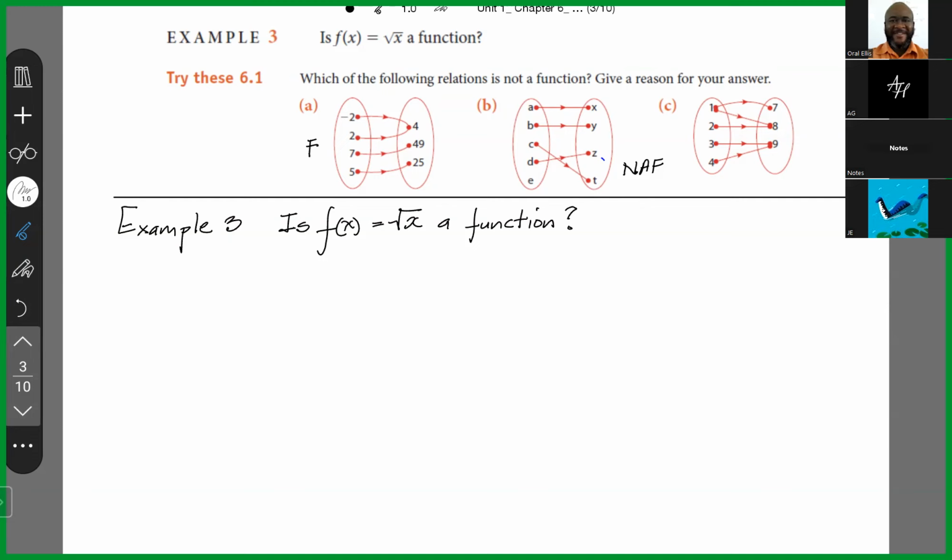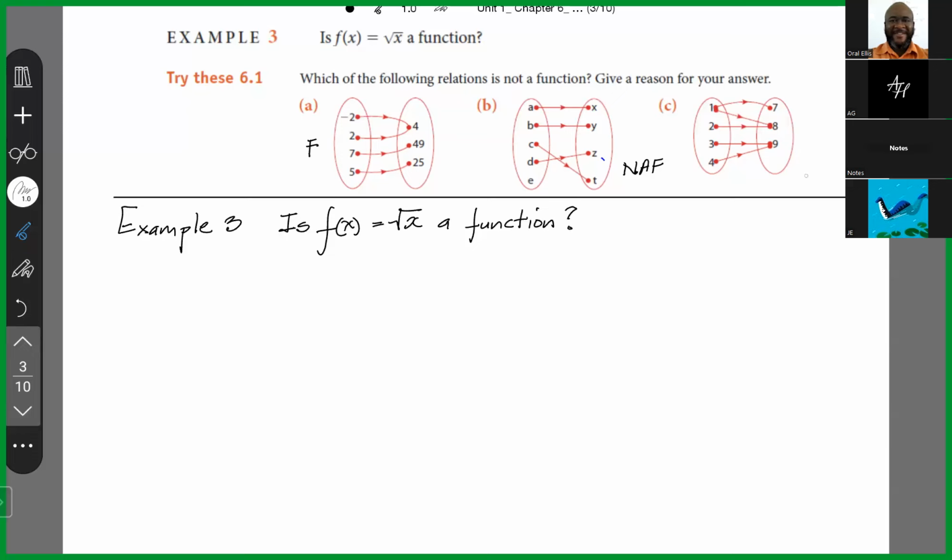The definition for a function says that every element in the domain must be mapped to an element in the codomain. E is not being mapped to anything. E has no image in the codomain. Therefore, B is not a function.